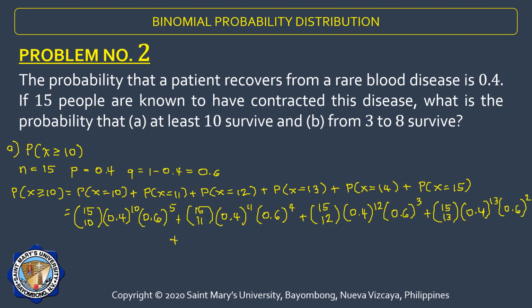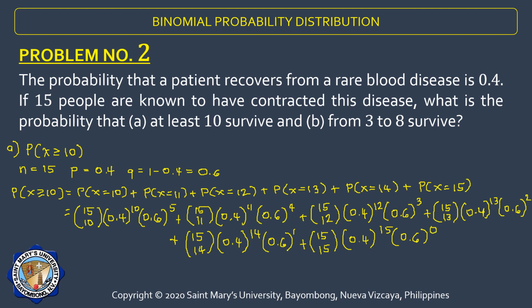Plus, x is 14, so 15 taken 14 times 0.4 raised to 14 times 0.6 raised to 15 minus 14, 1, plus 15 taken 15 times 0.4 raised to 15 times 0.6 raised to 15 minus 15, 0.